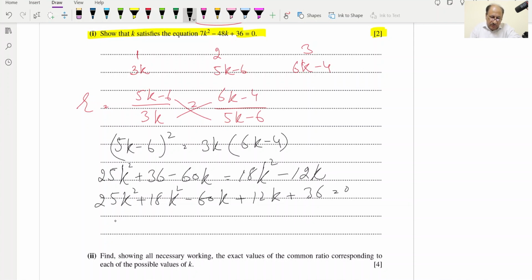So this will be 7k squared, minus 60 plus 12 will be minus 48k, plus 36 is equal to 0. It is the same equation which we were supposed to find, and this is done for 2 marks.